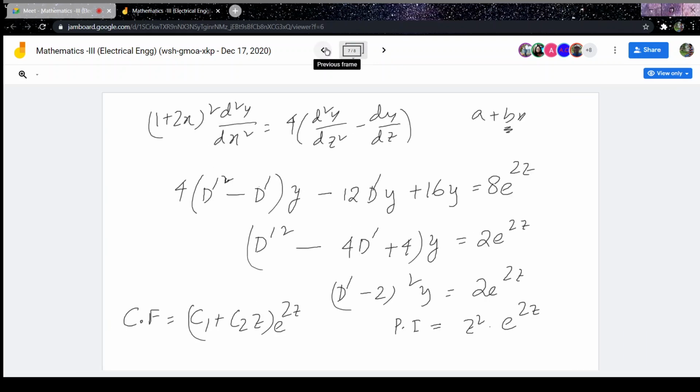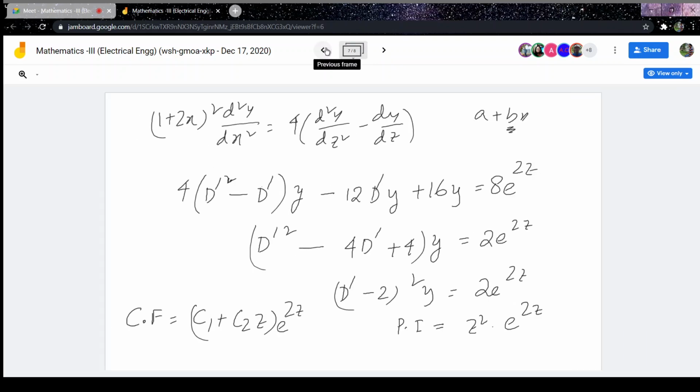So we will replace this, our 1 plus 2x was e to the power z.